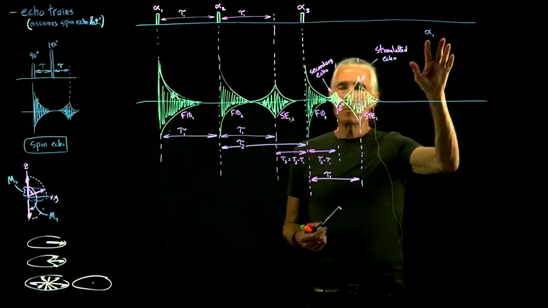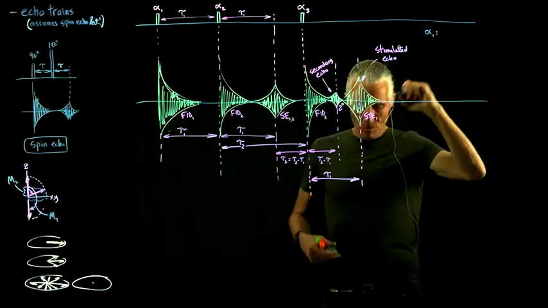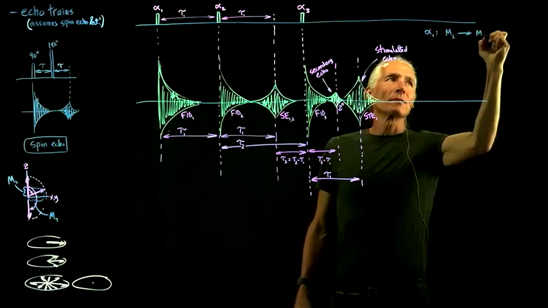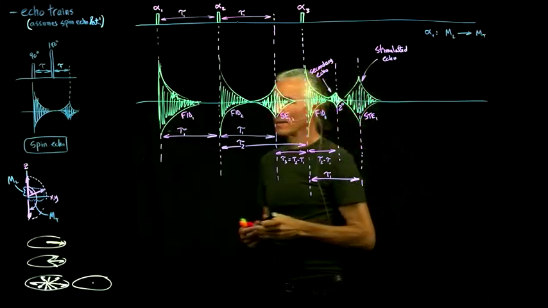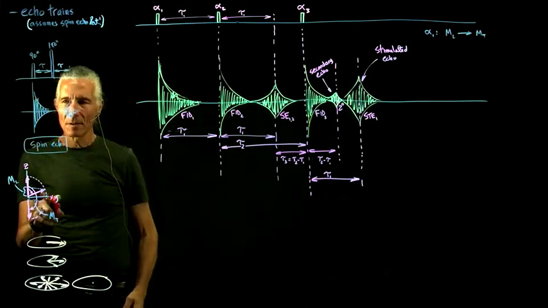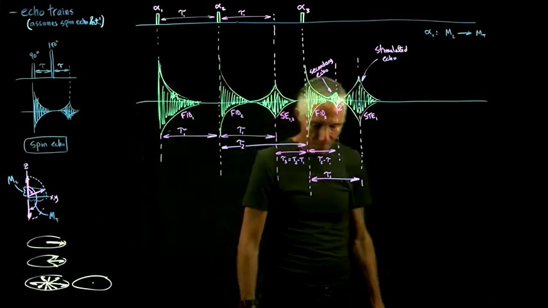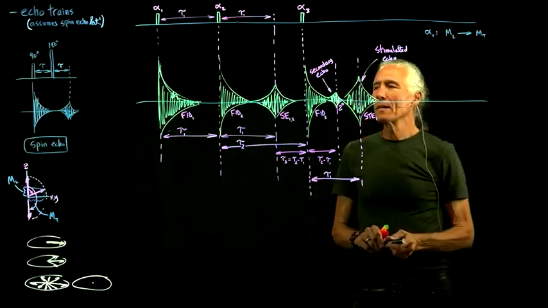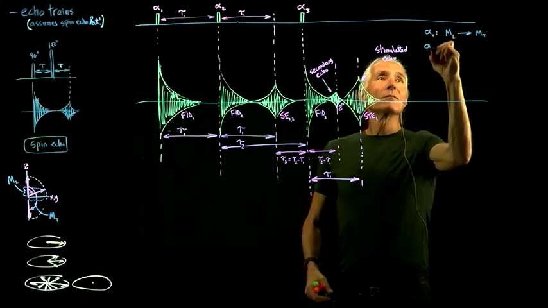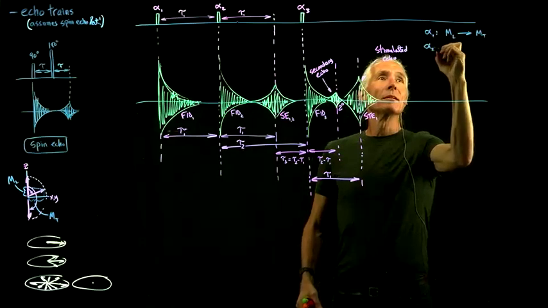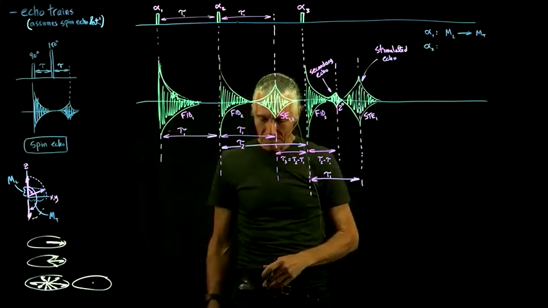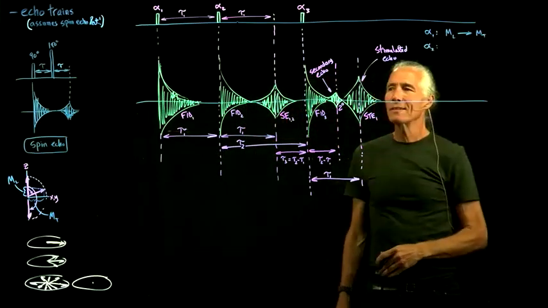So this pulse doesn't have to be exactly 90, but it's going to turn some of the longitudinal into transverse. Not all of it. There'll still be some longitudinal left, but it's going to turn a good amount of it into transverse. That's okay. So then we do number 2, the alpha pulse 2, and so what does this do?